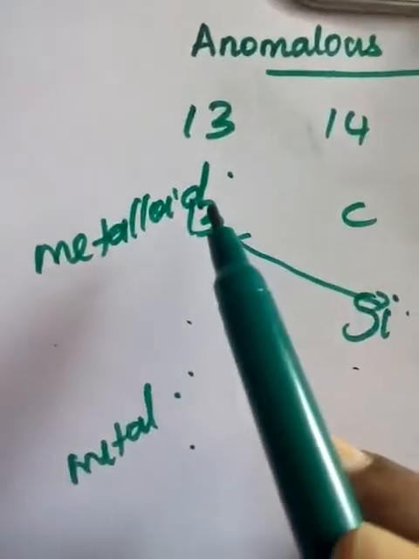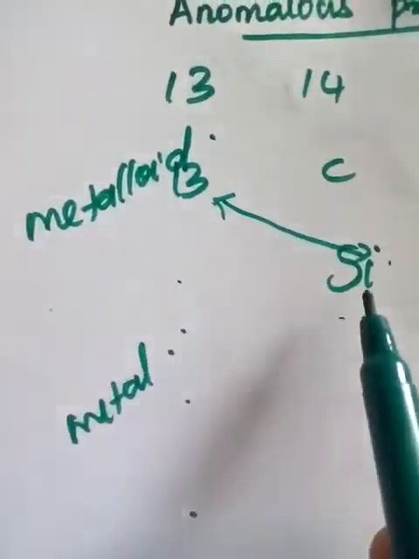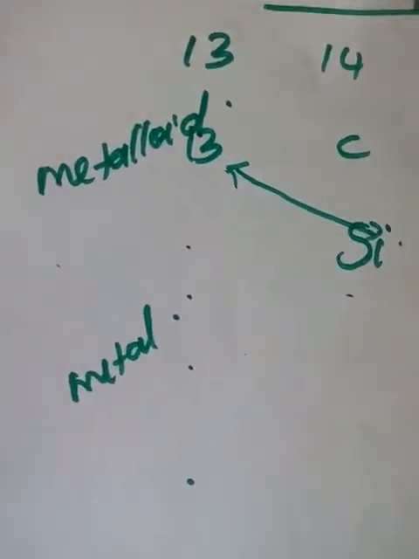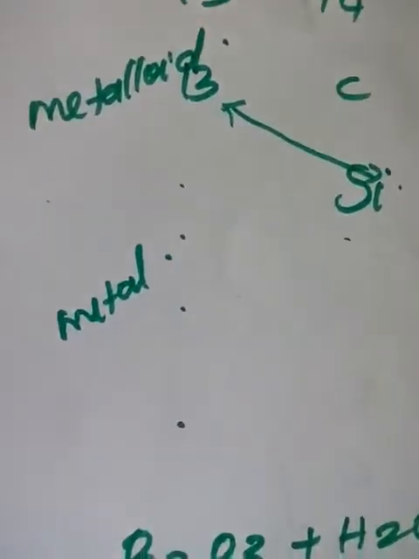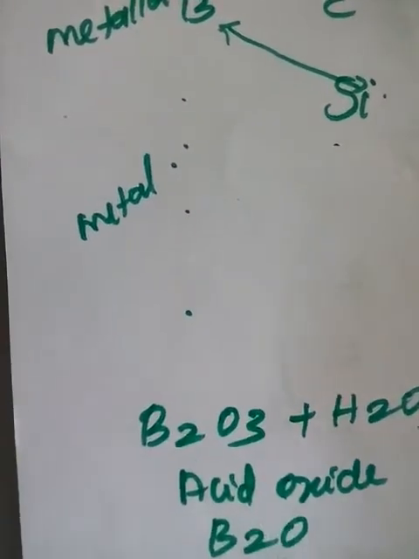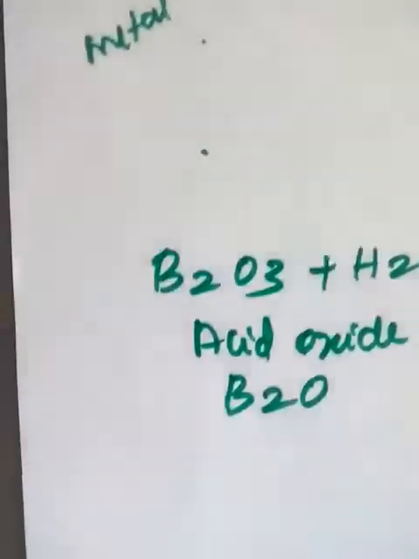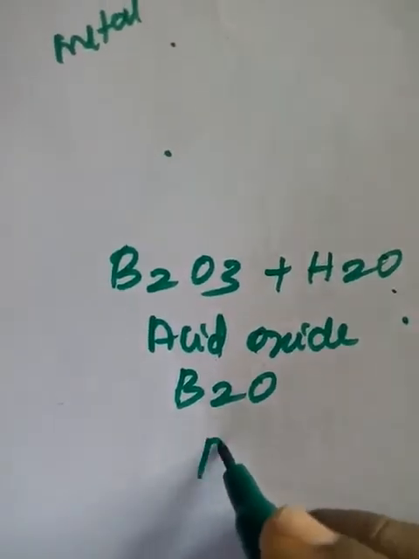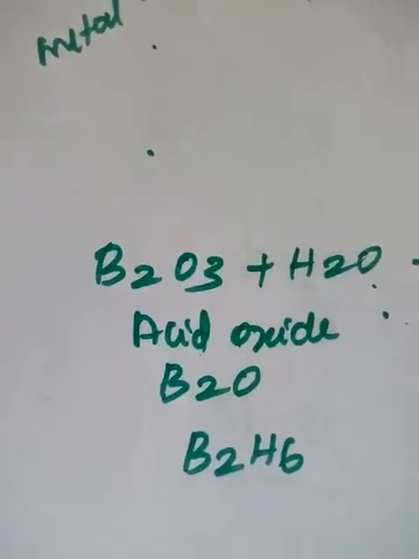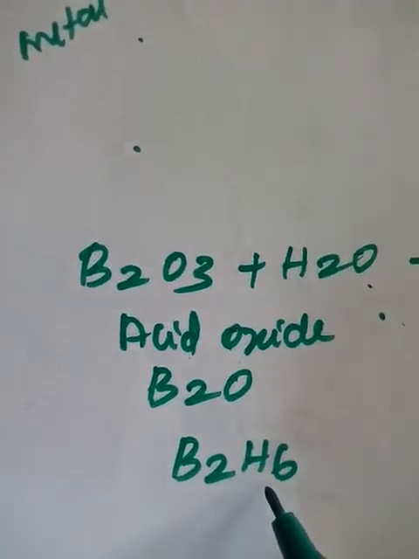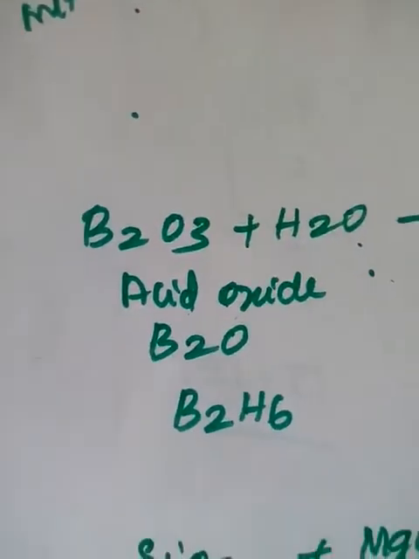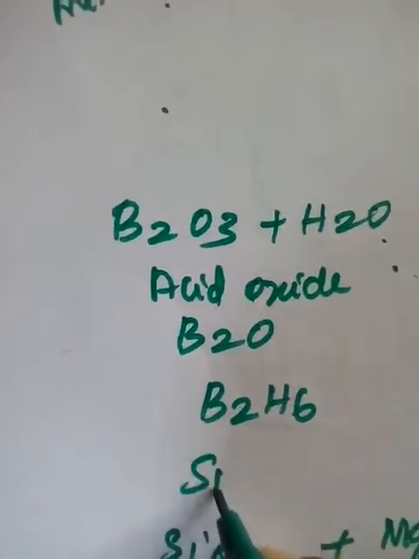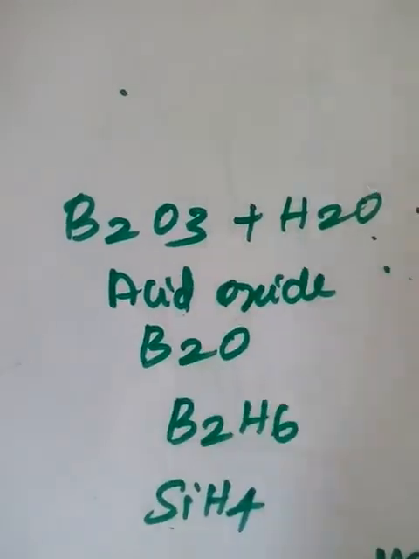Though they belong to different groups, boron and silicon have a diagonal relationship. Likewise, boron and silicon can form covalent hydrides. Covalent hydride means the element reacts with hydrogen to give a hydride. Example, B2H6, that is diborane. Boron with hydrogen forms diborane. Likewise, silicon, Si, can react with hydrogen to give SiH4, silicon tetrahydride.